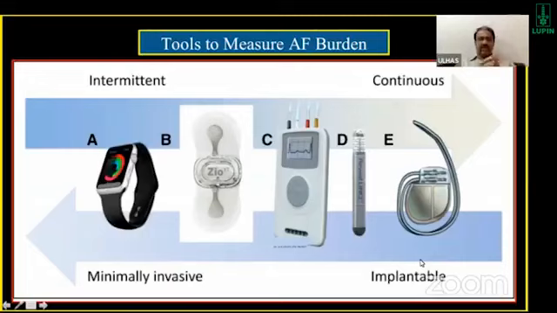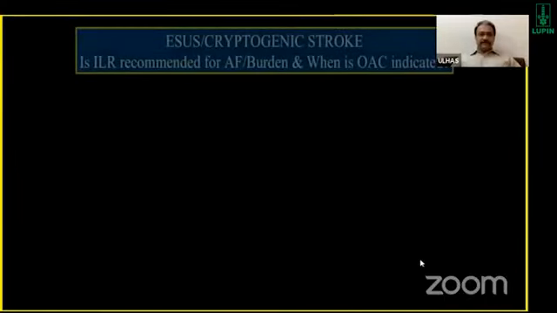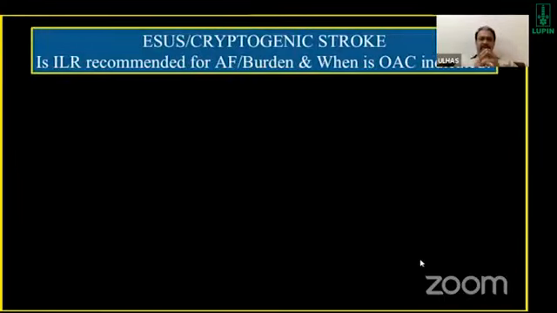They have all got their own advantages and disadvantages, but they all give, to a different extent, information regarding the burden of AF. Now, we have understood burden is an important component, and we have understood there are means by which we can look at the AF burden.